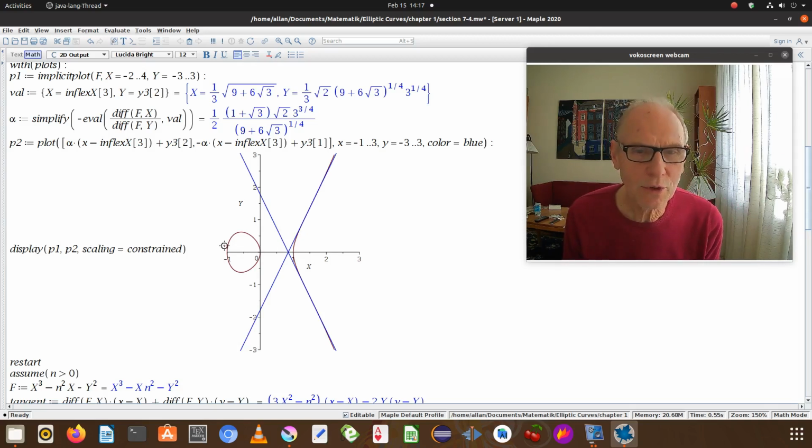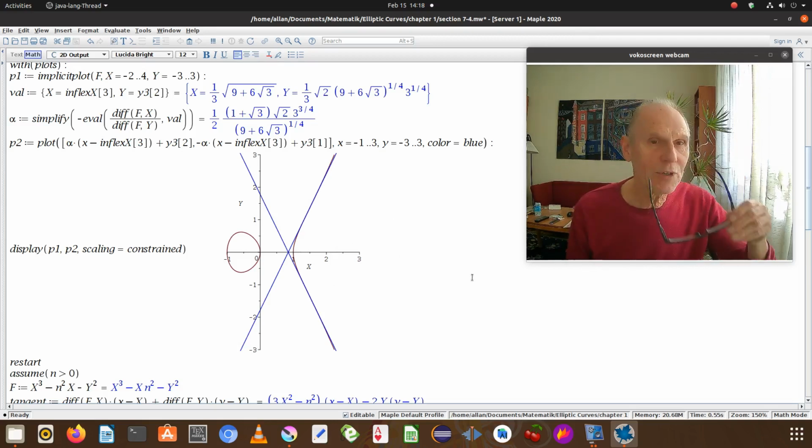So the curve is red and the tangents are blue, and they actually touch at the point of inflection. The red curve comes in below and exits above. So this method works. I have found the points of inflection.